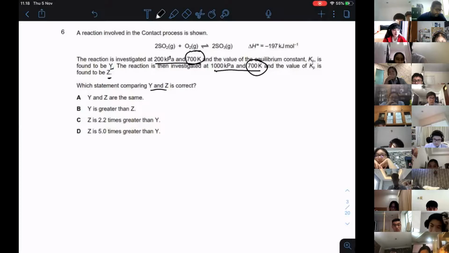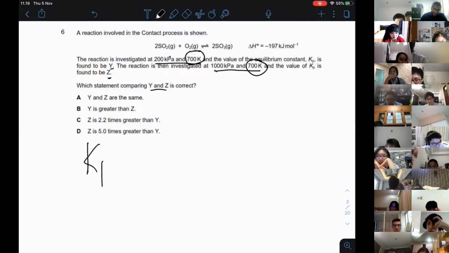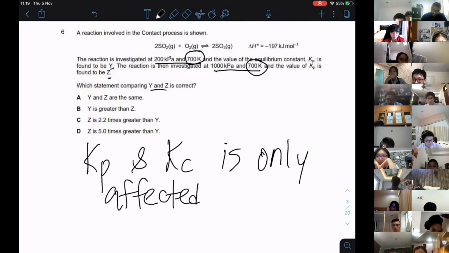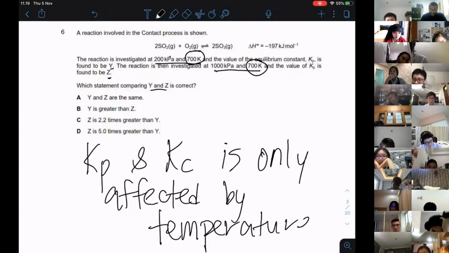Owen? Sorry, sir. What was the question, sir? The question is what is the relationship between Y and Z? Not sure, sir. Kp and Kc are only affected by temperature. What can you say about the temperature?